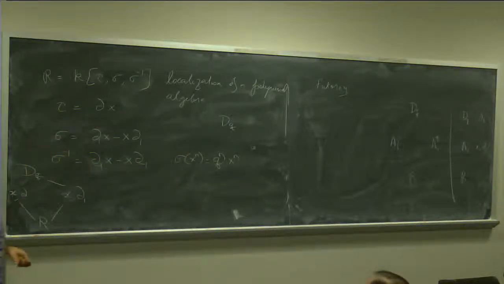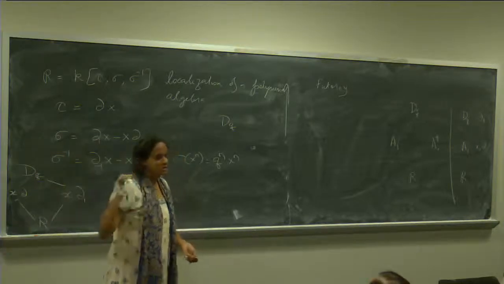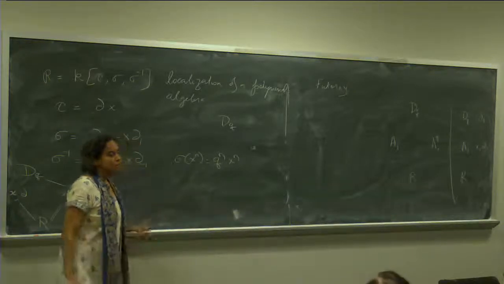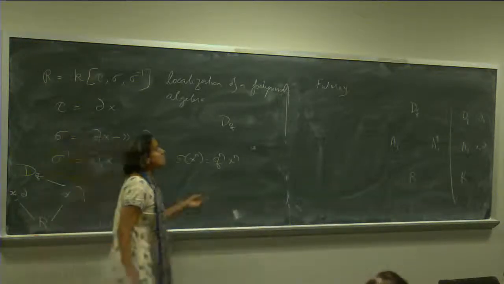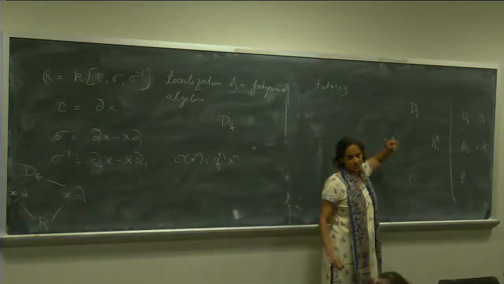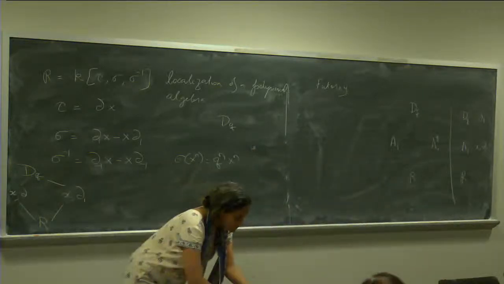It is not a generalized Weyl algebra. It is an algebra over a generalized Weyl algebra. So we were able to extend almost all the indecomposables from here to here. So that is my last result.